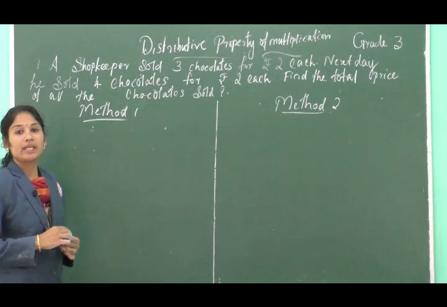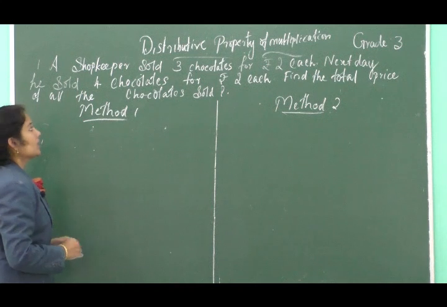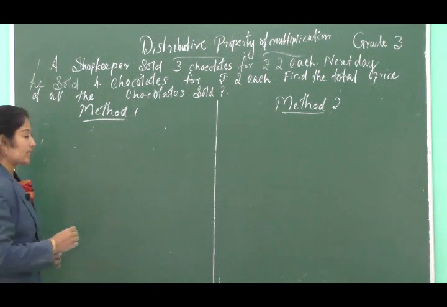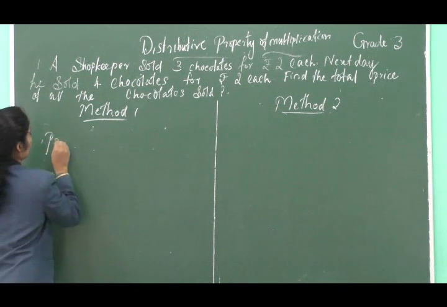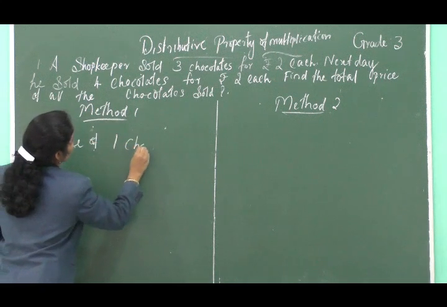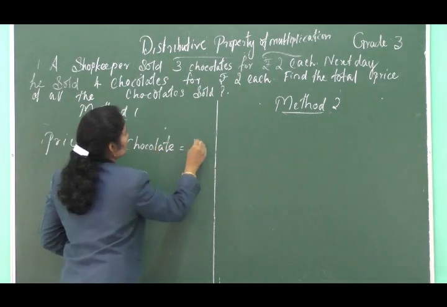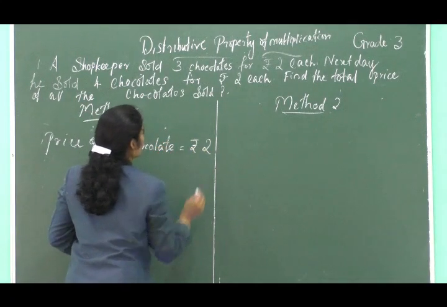In this question, we can find out the answer in two methods. The first method, what is the price of one chocolate? Yes, 2 rupees. Price of one chocolate is equal to 2 rupees.